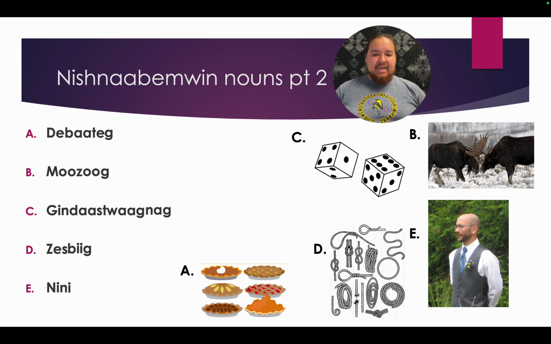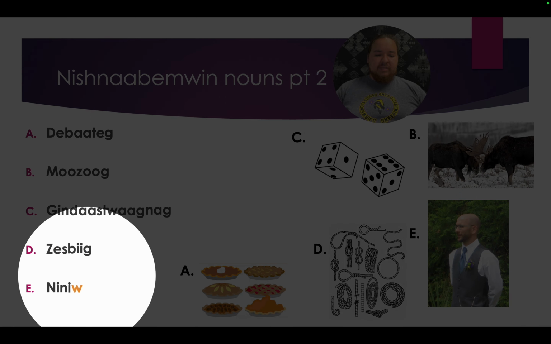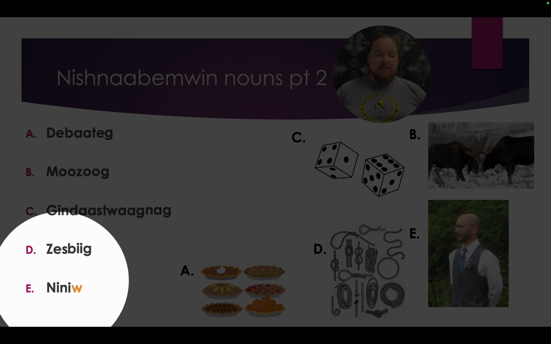Lastly here, nene. So nene has the lowercase w suffix connector, and we're going to count to our second last consonant sound. So W is a consonant sound. It's made with a closed mouth. I we know is a short vowel.